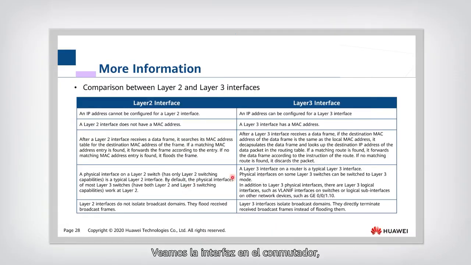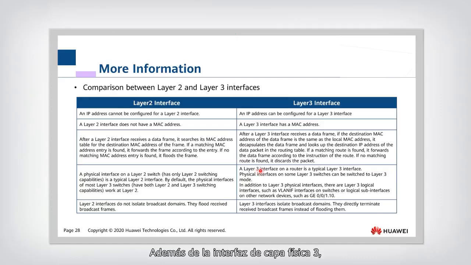Look at the interface on the switch. For the layer 2 switch, all the interfaces are layer 2 interfaces. And for the layer 3 switch, by default, all the interfaces will be configured as layer 2 interfaces. Although they can work on layer 3, by default, they work on layer 2. And for a router, all the interfaces on the router are layer 3 interfaces.